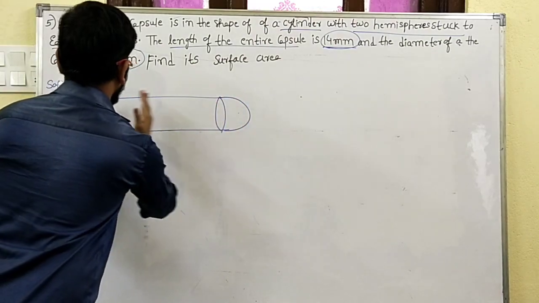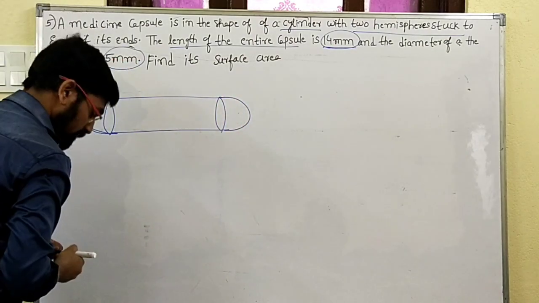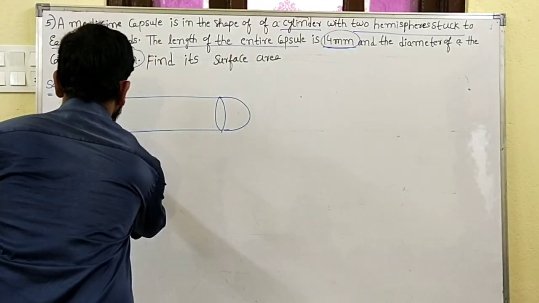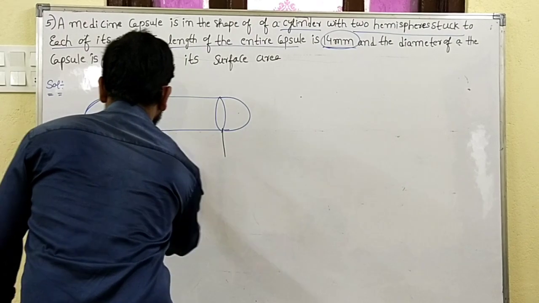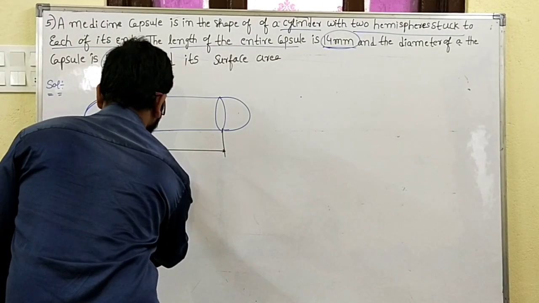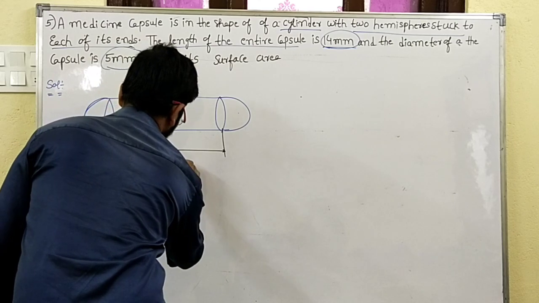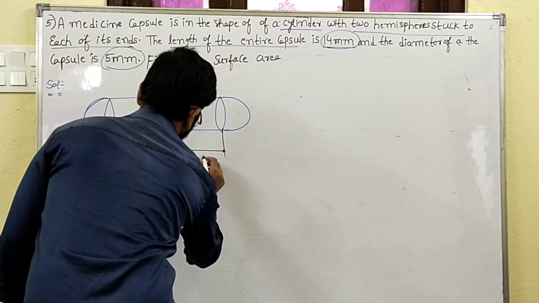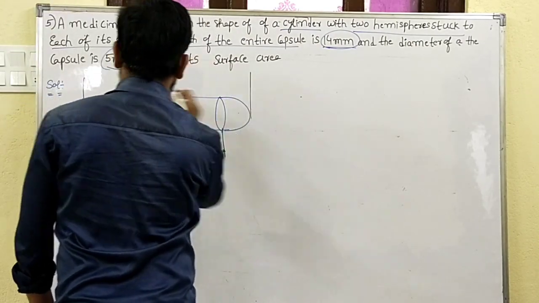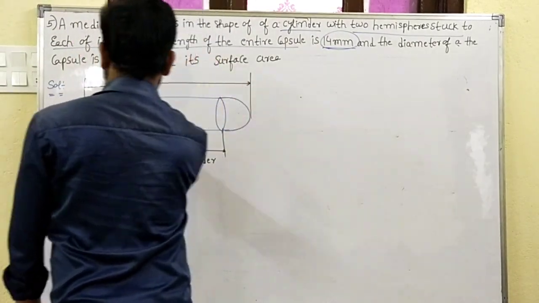This is a cylinder and these are two hemispheres. This is the length of the cylinder, and this is the total length of the capsule.